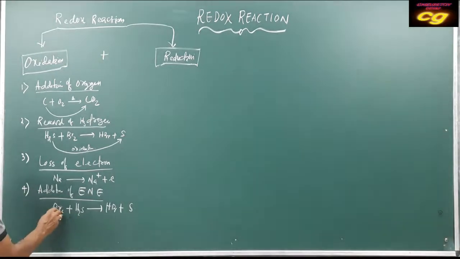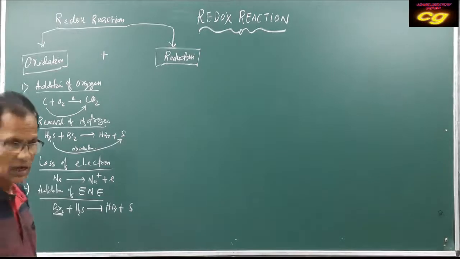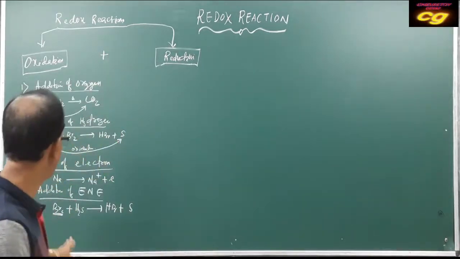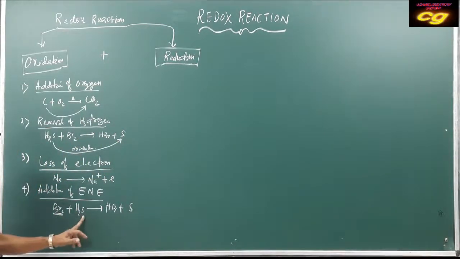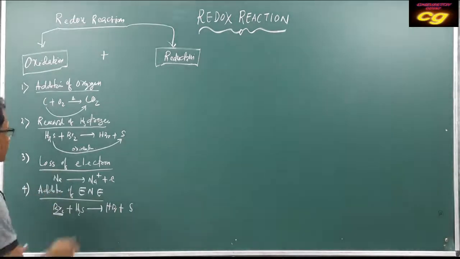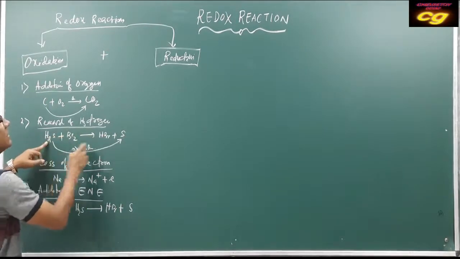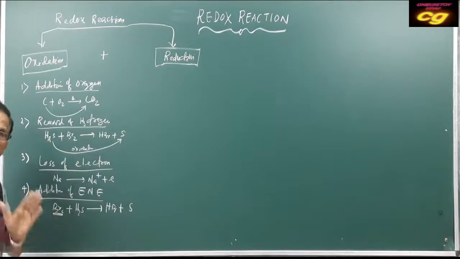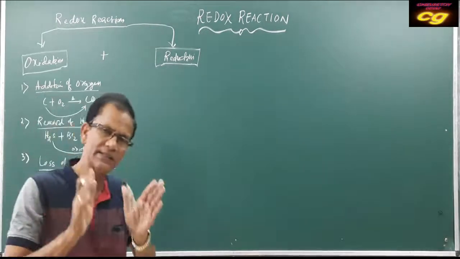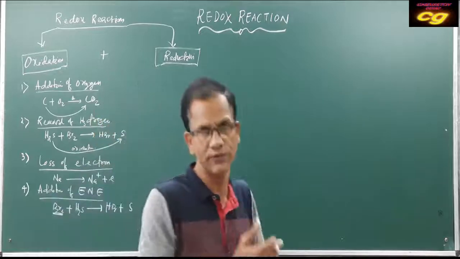As bromine is an electronegative element, it is directly added to H2S, so H2S undergoes oxidation. We can see the change already discussed: H2S to S, loss of hydrogen. The meaning is the same, only the way of expression is different.